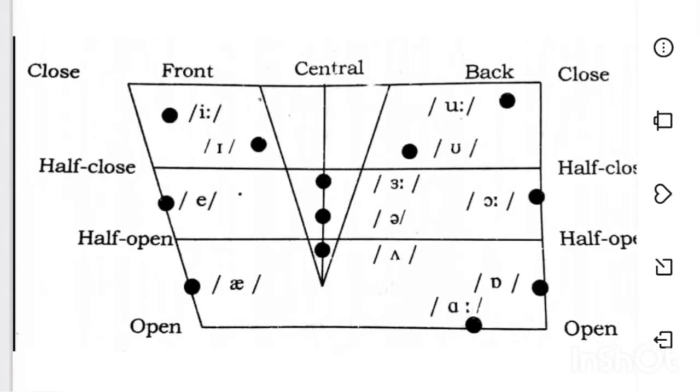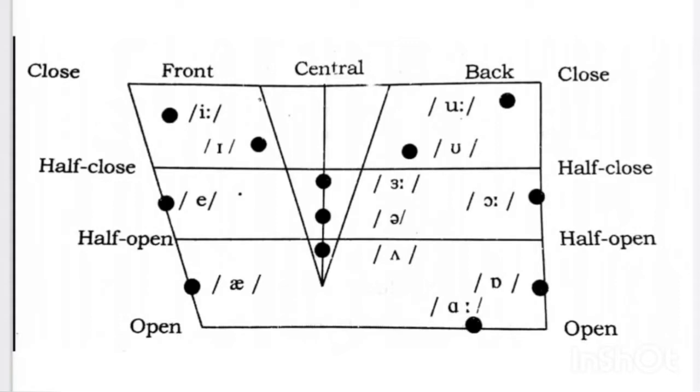Some of them are long vowels, whereas the others are short vowels. So how many back vowels are there? 1, 2, 3, 4, 5 back vowels, and we will be also seeing the central vowels.